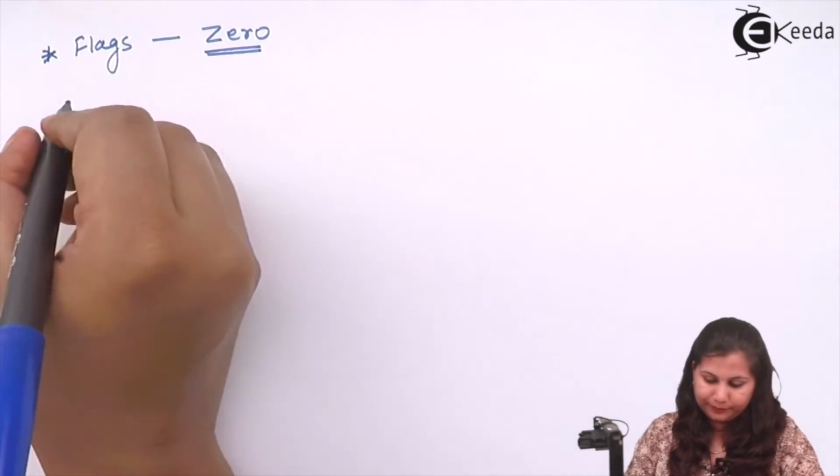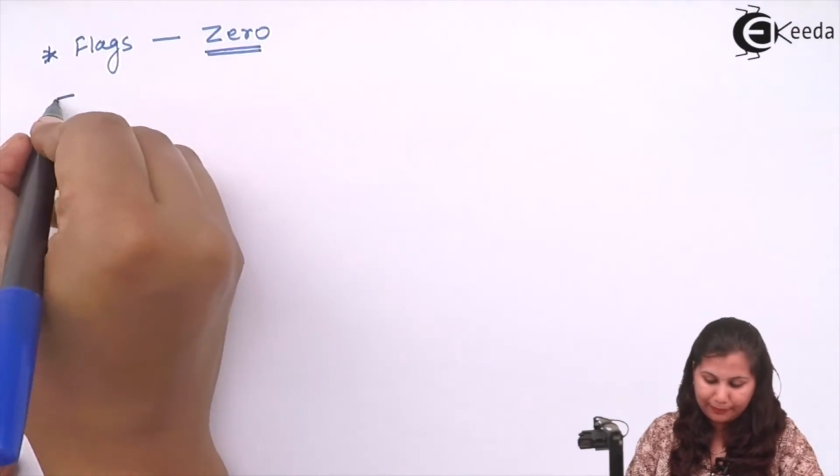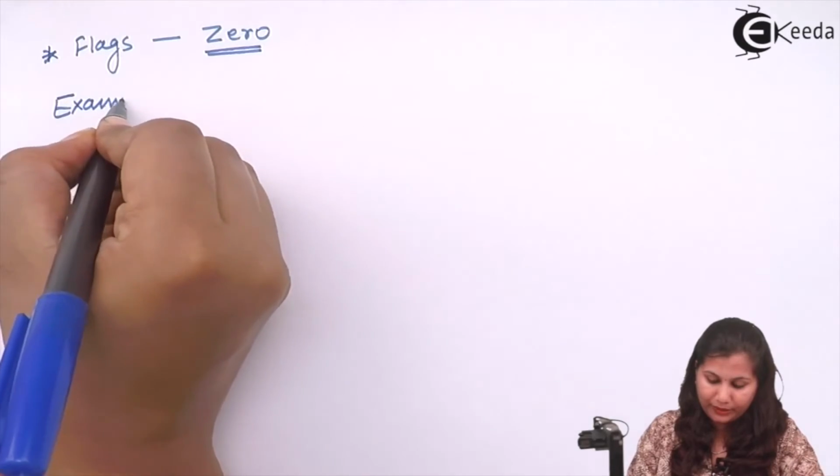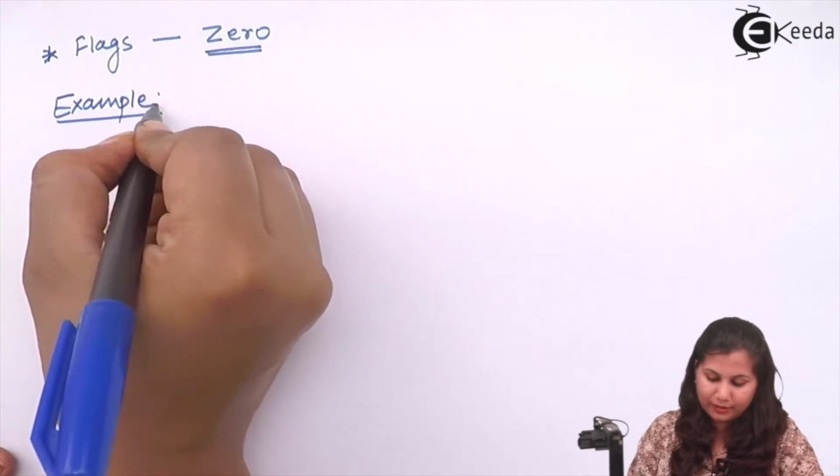Now let's take an example of how we can get a time delay using a register pair.